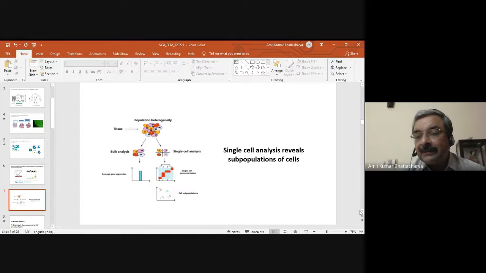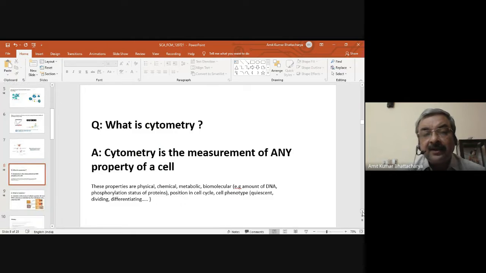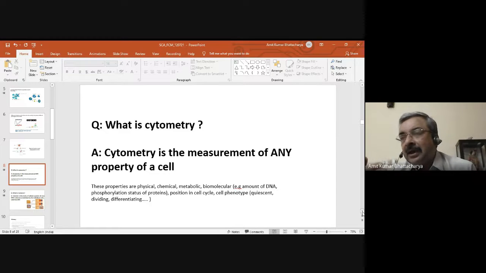So this is what cytometry is about. Cytometry is basically cyto meaning cell and metry meaning measurement, measuring the properties of a cell, looking at one cell at a time.